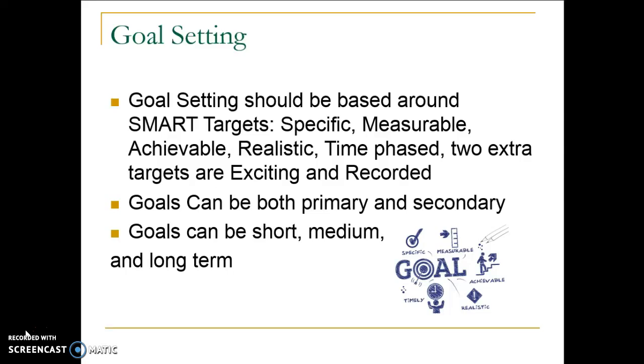And goals can be short term, medium, and long term. So short term, you're looking at more in the next game, I'm going to score a goal. Medium term might be that you look to score maybe 5 to 10 goals within the first 6 months of the season, and then long term will be at the end of the season I want to have 25 goals plus.